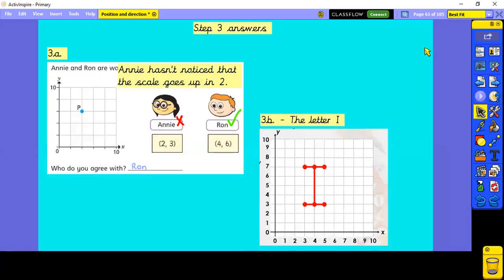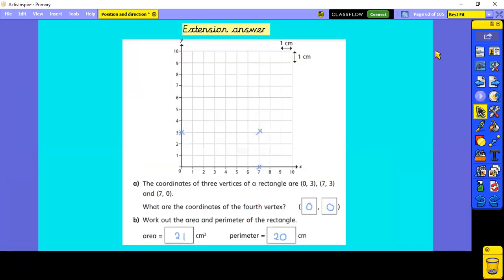On the screen now I have the step 3 answers, so pause the video to mark your work in a different coloured pen. And on the screen now I have the extension answer as well, so pause the video if you did the extension in your books. And once you've finished doing all your marking, could you please write a learning comment in your book so I know how you got on with this lesson? Okay?